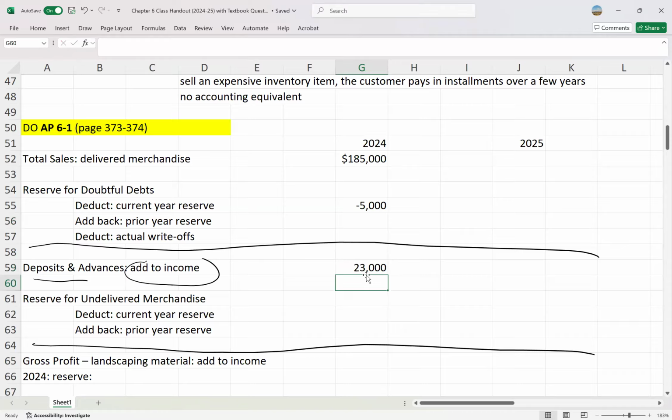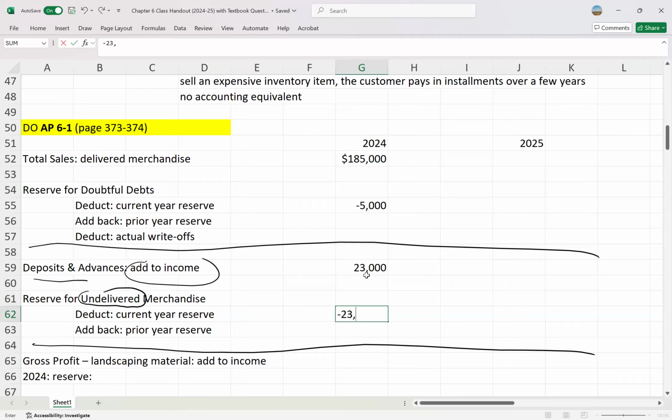Then when we get to the end of the year, we determine whether there were any amounts that we received that are still undelivered. So we got the $23,000, we added it to income for tax purposes. When we get to the end of the year, we determine, can we take a reserve for any amounts that we haven't yet delivered the merchandise for? And yes, this $23,000, we haven't yet delivered the merchandise because that's going to be delivered next year.